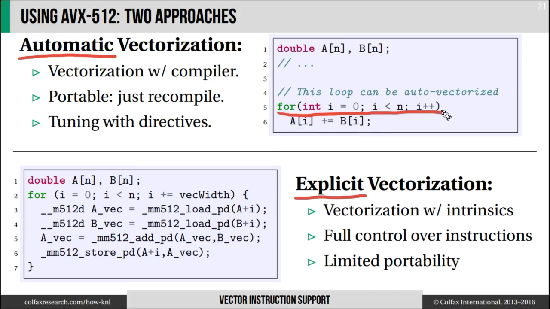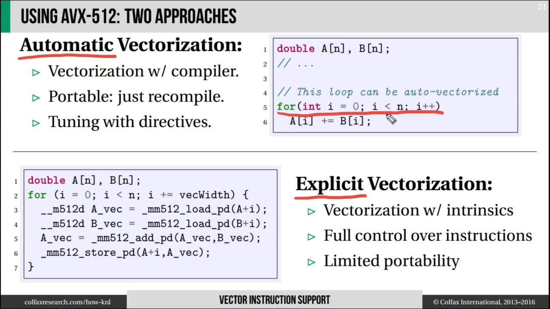A vectorizing compiler can understand which loops have opportunities for data parallelism, and a vectorizing compiler will implement vector instructions in your calculations. So for a loop, it will take the loop iteration space, split it up into chunks of 8 or 16 iterations depending on your instruction set and data type.